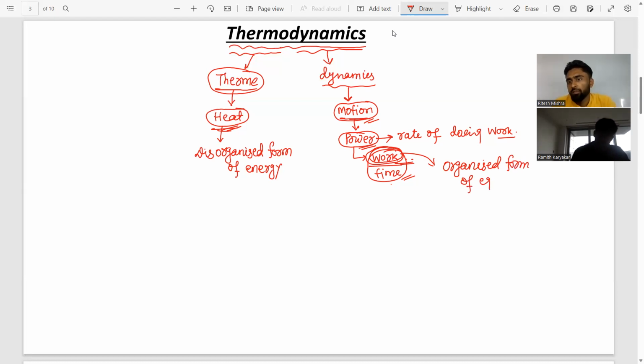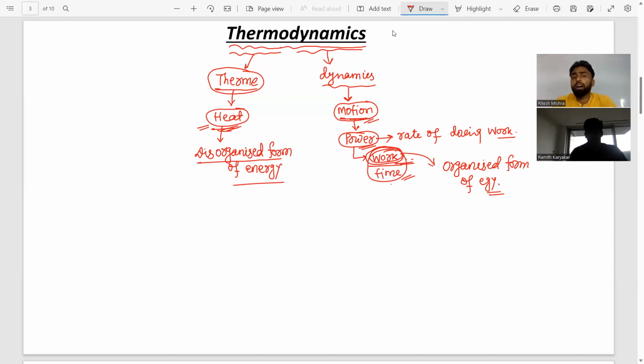Now see, a disorganized form of energy means you cannot completely convert heat into work, but we can easily convert work into heat fully. Heat cannot be converted fully into work, but work can be fully converted into heat.